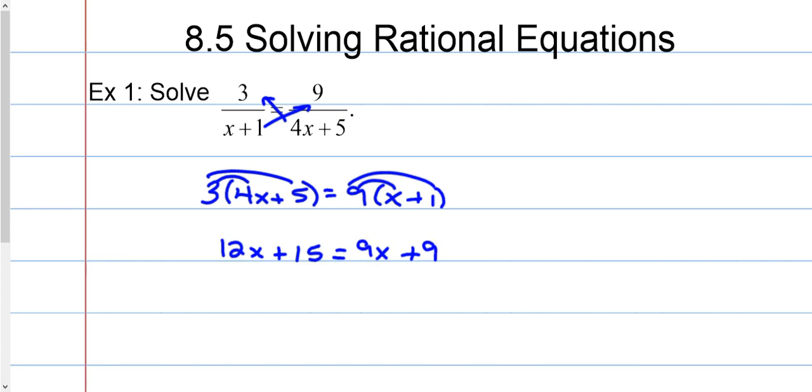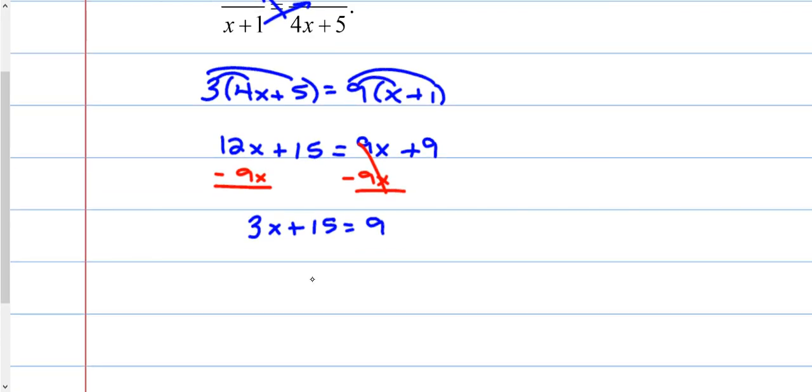So we are going to move all our x's to the left, subtract 9x from both sides of the equation. 12 minus 9 is going to give me 3x plus 15 equals 9. Now I can subtract 15 from both sides of the equation.